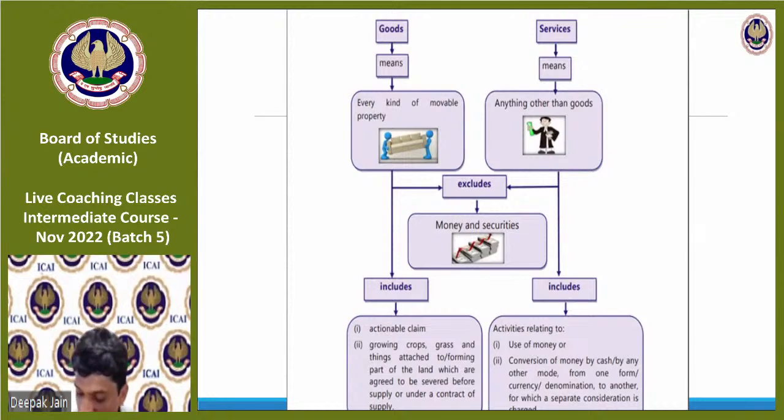Actionable claim means a claim to any debt other than a debt secured by a mortgage of immovable property. So if I give an immovable property for a mortgage and I get some money, that is not treated as an actionable claim. You cannot tell that I have given my property and I've got that money, so that property still belongs to me. No. There is a separate thing called pledge for it, so it is not an actionable claim. Or by hypothecation or pledge of movable property.